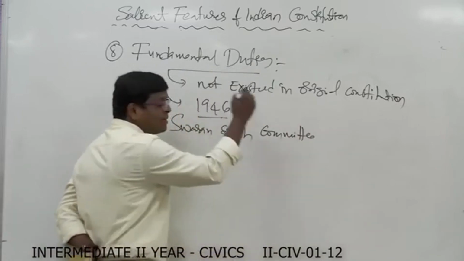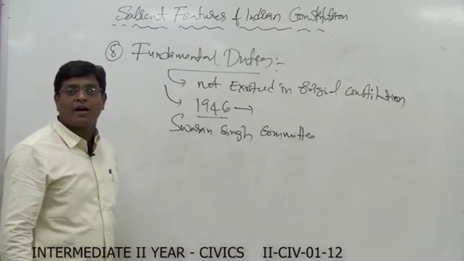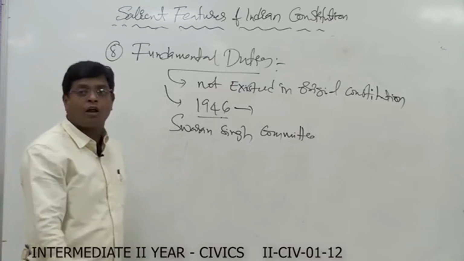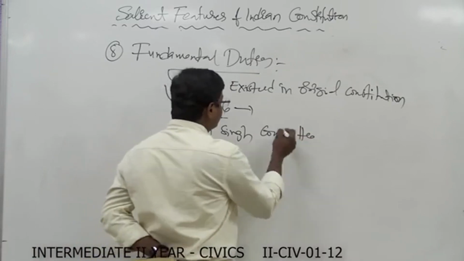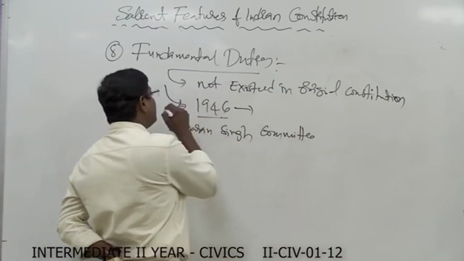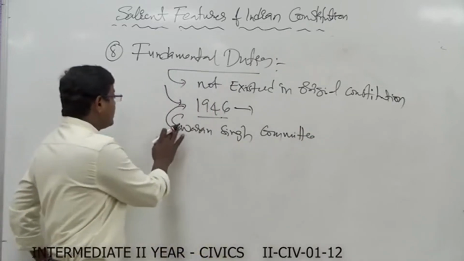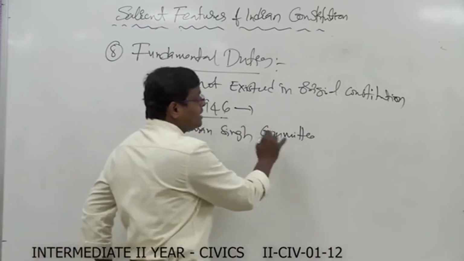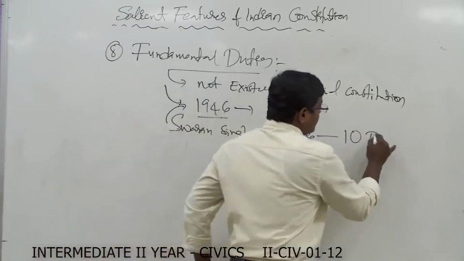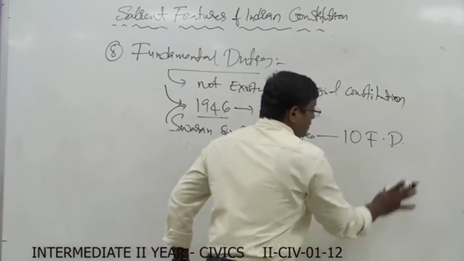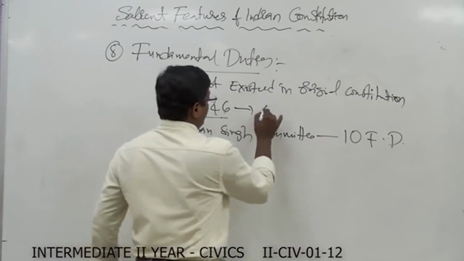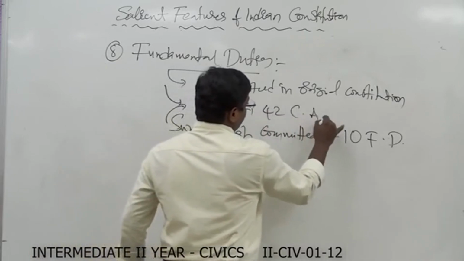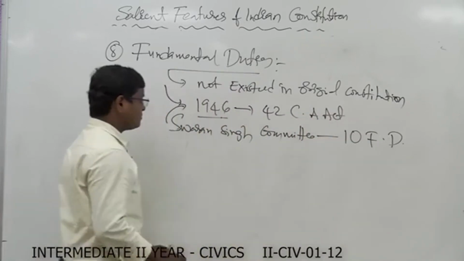This Swaran Singh committee recommended some fundamental duties to be incorporated in the Indian constitution. That's why, based on the Swaran Singh committee recommendations, we incorporated 10 fundamental duties by the 42nd Constitutional Amendment Act. Understood?